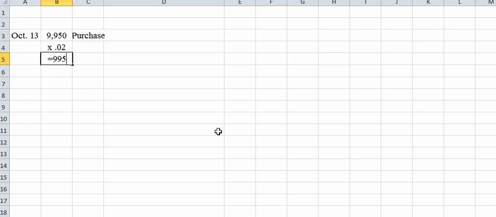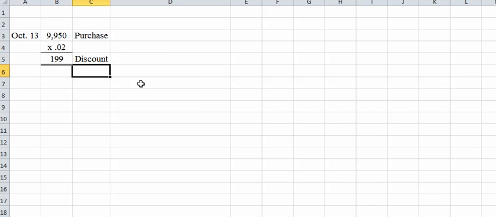Equals $9,950 times 0.02. So $199 is the amount of the discount. So we're going to receive a $199 discount on the purchase from Hoagie Company.